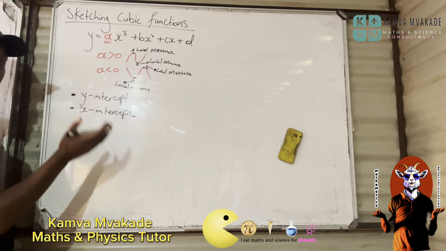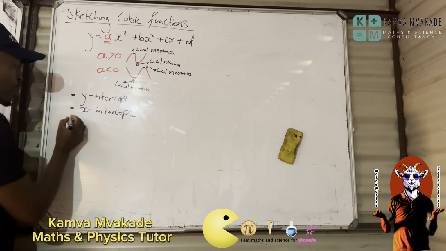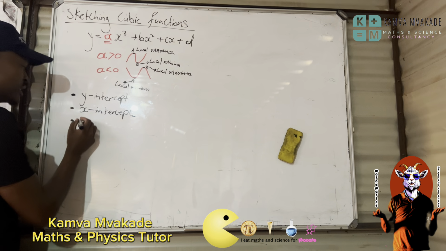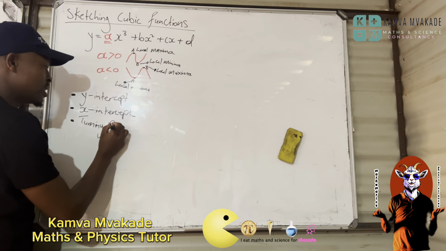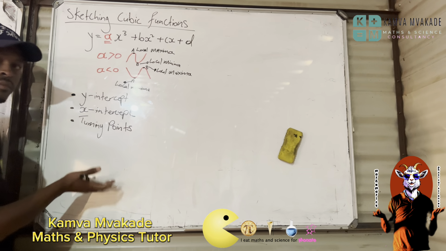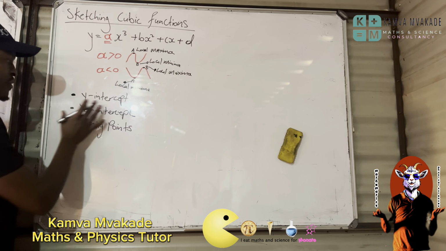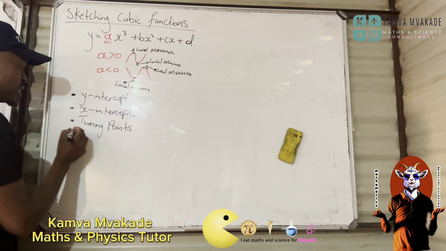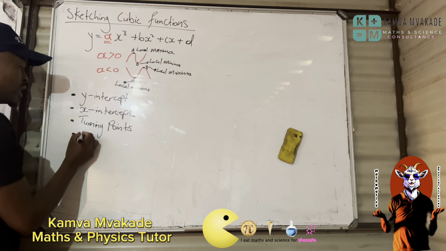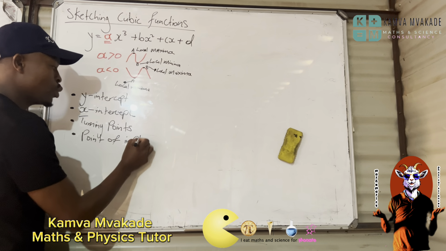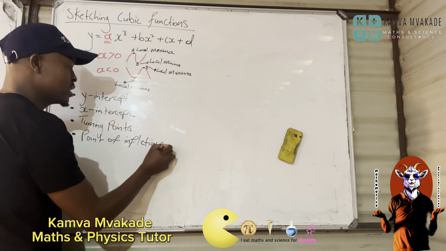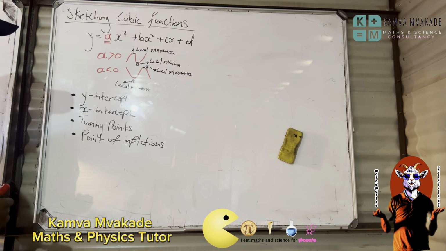The other one that we need to get is the turning point. After getting our turning point, we'll have to get the point of inflection, which is one of the stationary points.